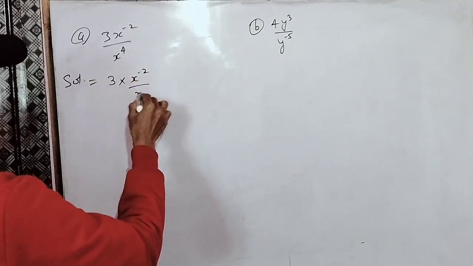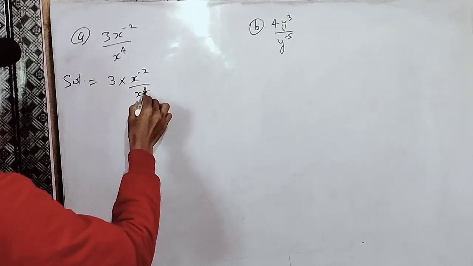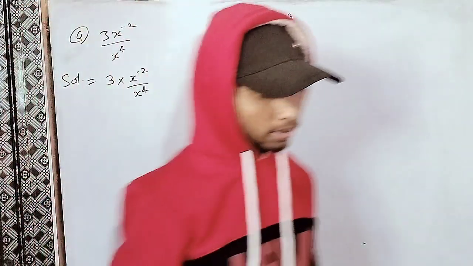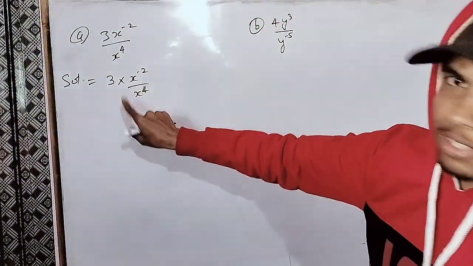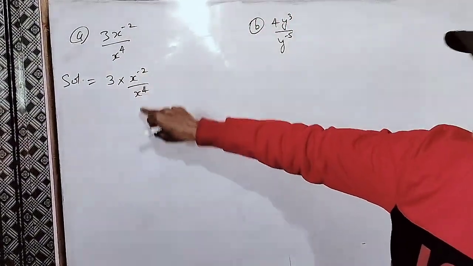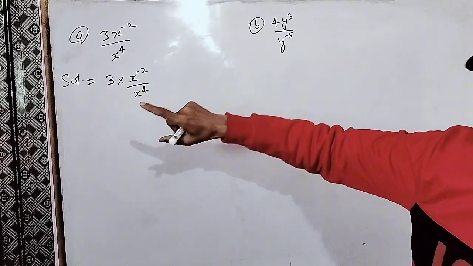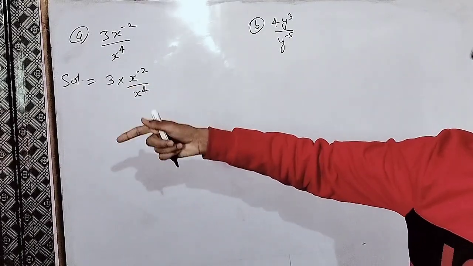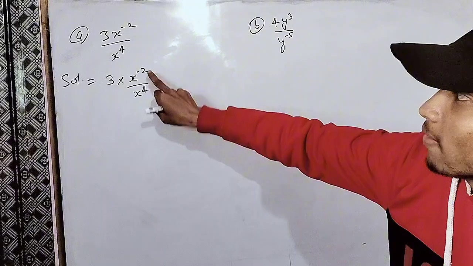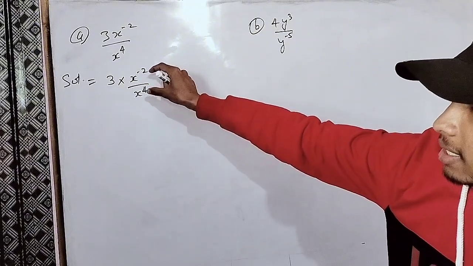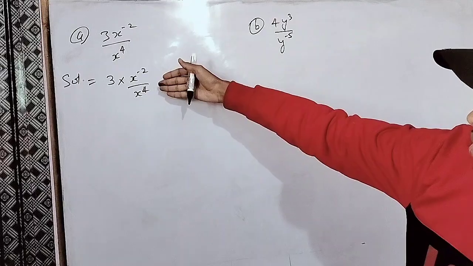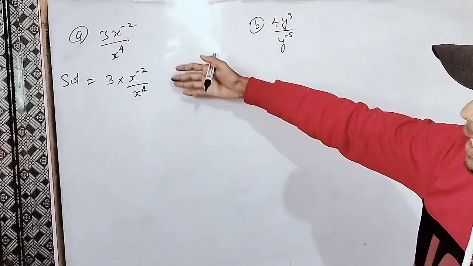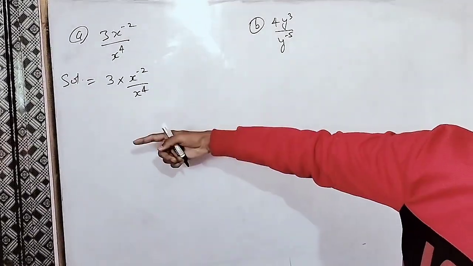Now we have like that. So here, try to notice. Our base is the same, and this is a division. So quotient rule. Can we subtract our exponents by using the quotient rule?